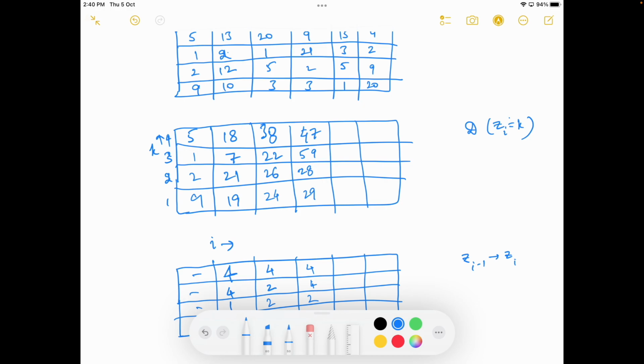Okay, now let's say ignore the last 2 rows. I have to reach here. Let's say my final destination were here. Now, what is the best path? Which one is the best path now? I'm just saving my time.